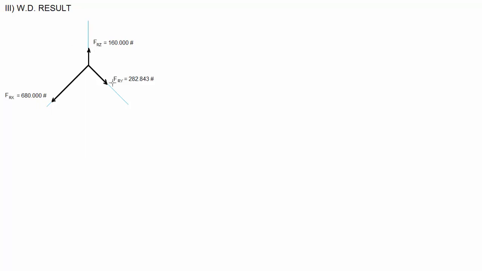I find it easiest to start by extending the lines that represent FRZ. So in this case, I will start at FRY and draw a line straight up. The same thing at FRX. We can also draw FRY out this way and FRX out this way.